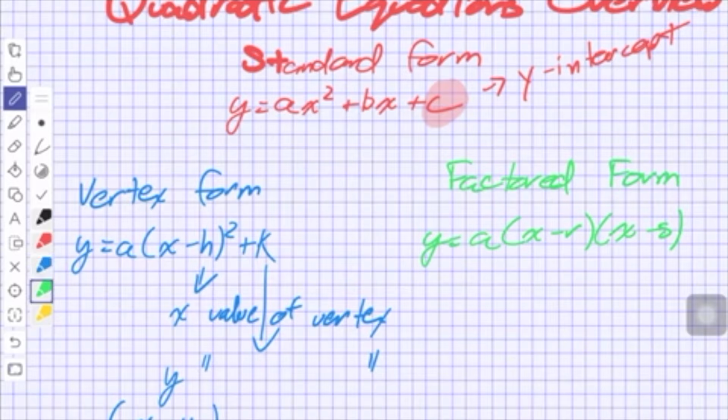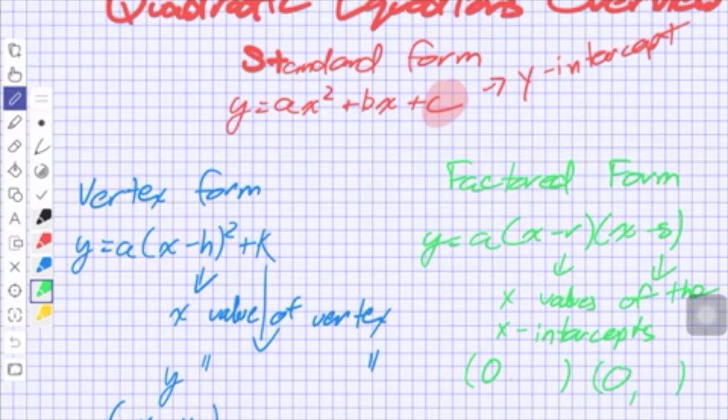Okay. And then the r and the s will both give you x values of the x-intercepts. In other words, think of it like this. You'll have 0, because if it's an x-intercept, y is always 0. It'll be 2 coordinates.